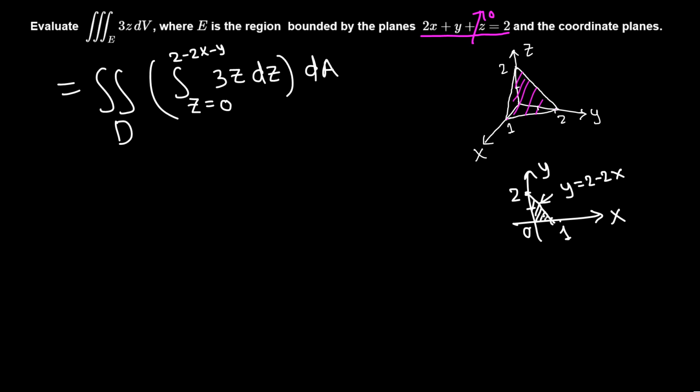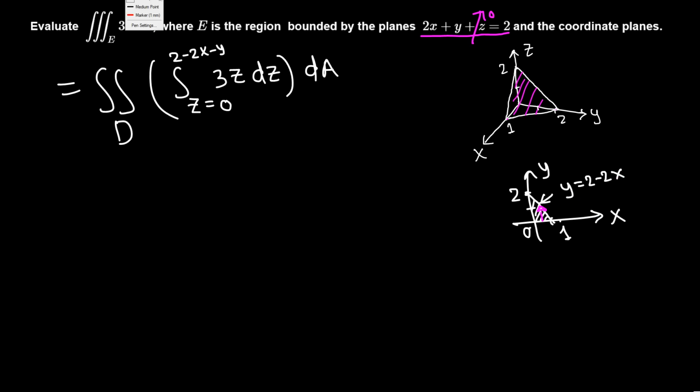So the equation for this line is y = 2 minus 2x. Or we could have found it using these 2 points, (1, 0) and (0, 2), by using y = mx + b. And this region I can make like type 1, just going in this way, and x ranges from 0 to 1, and y goes from y = 0, the x-axis, to y = 2 minus 2x.